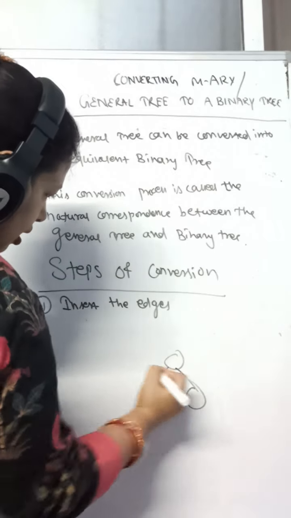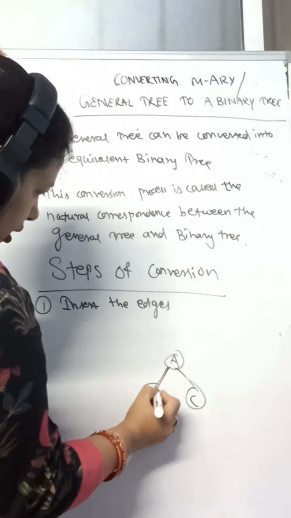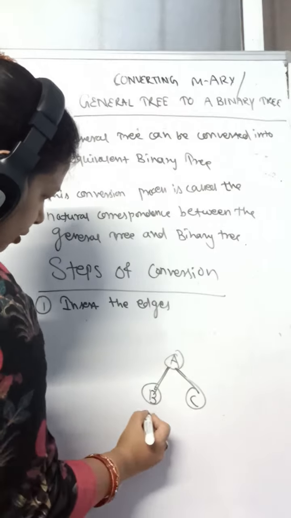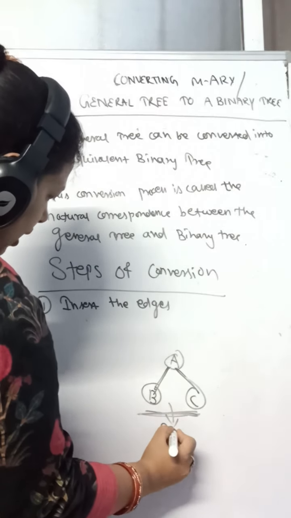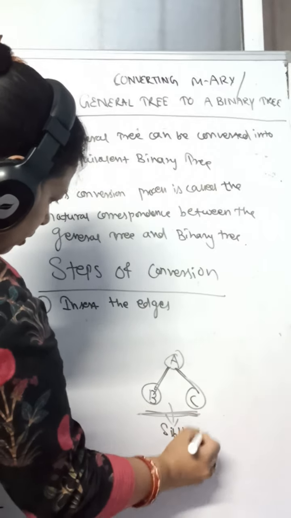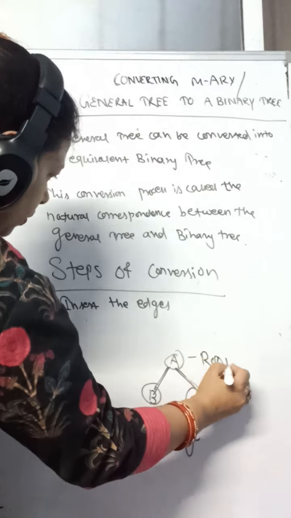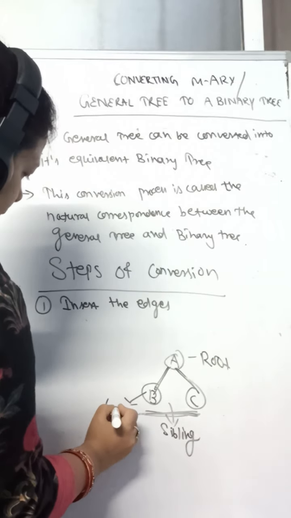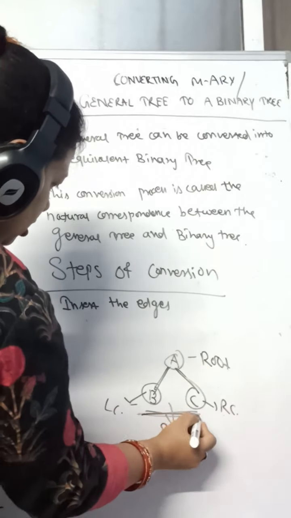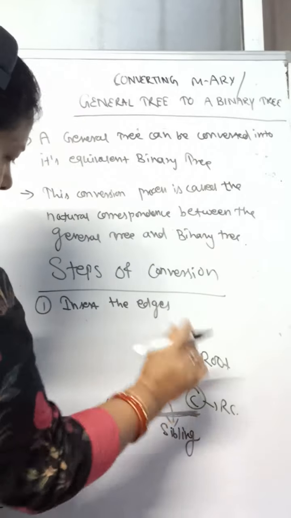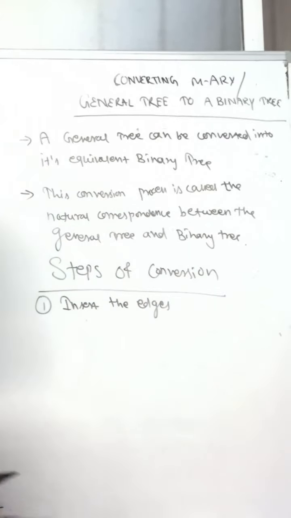Suppose this is one tree, and A is the root, B and C are its left child and right child, and the relationship between B and C is called sibling. You must know that before going to read this. So here A is the root, B is the left child and C is the right child. The relationship between B and C is called sibling. So what is your first step?